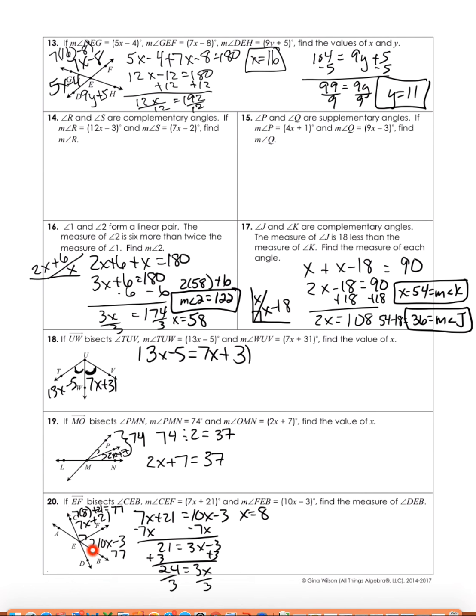So this 77, and the angle we're looking for have to add up to make 180. So this is going to be 154 plus the measure of angle DEB equals 180. And when I subtract 154, I get the measure of angle DEB equals 26.